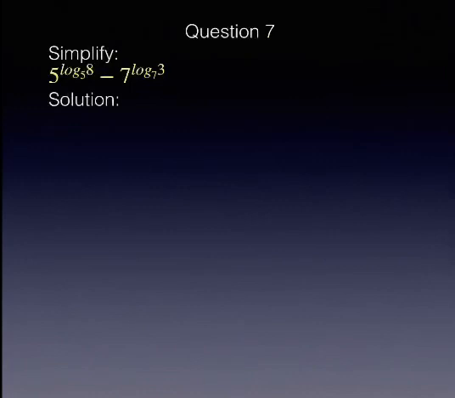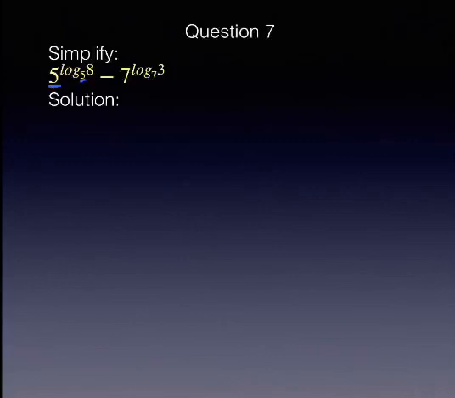Question 7: simplify 5 to the exponent log 8 base 5 minus 7 to the exponent log 3 base 7. As you can see here, the base is 5, and the log on the exponent has base 5 again.